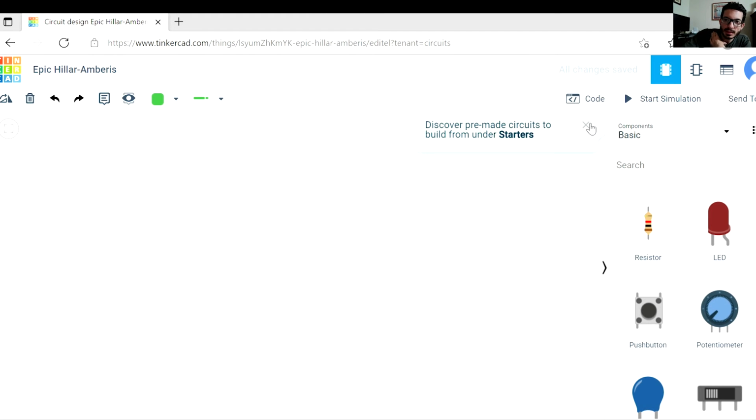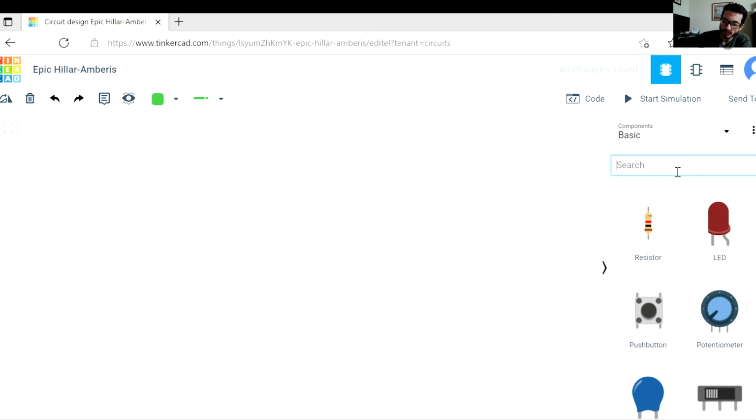Tinkercad is an open source version of a software developed by Autodesk, and Autodesk is the company that has AutoCAD and Tinkercad and Fusion and others.